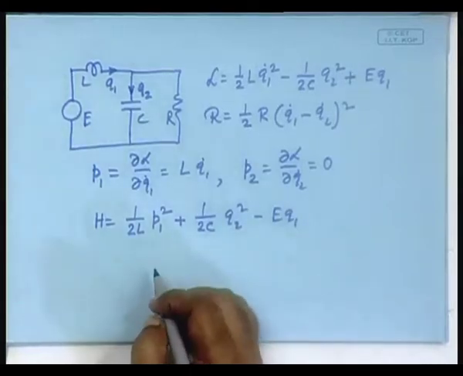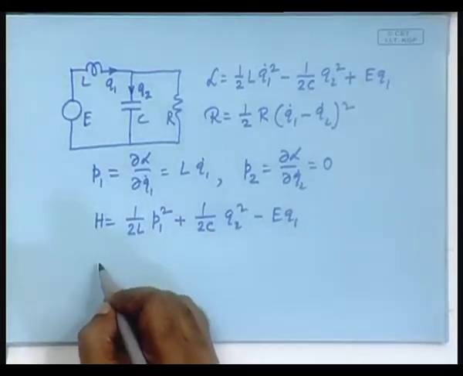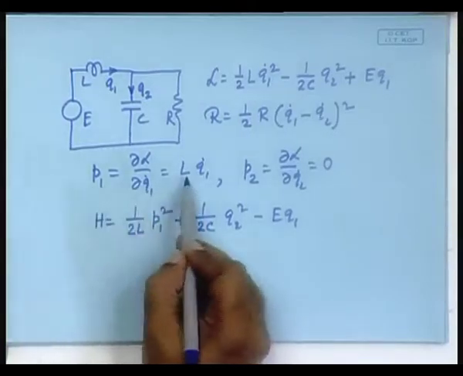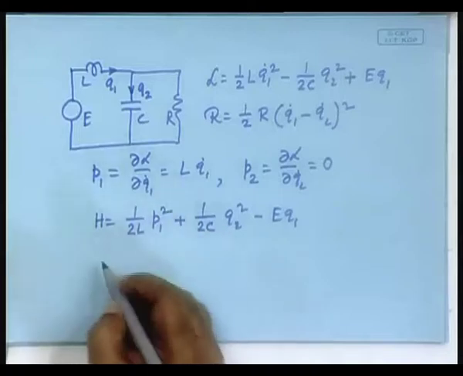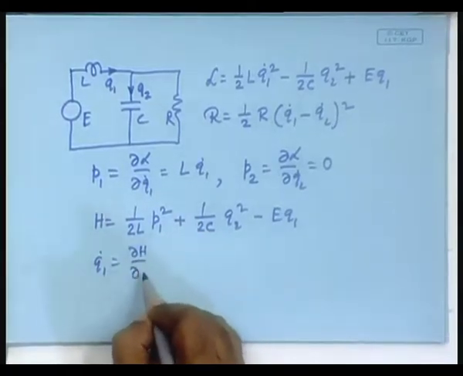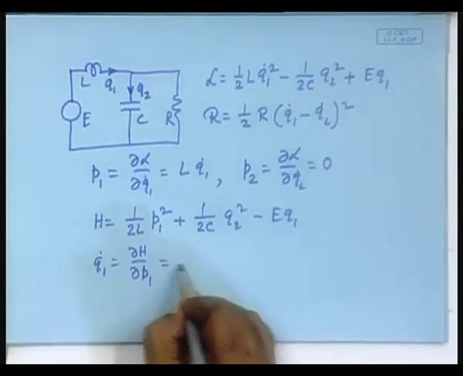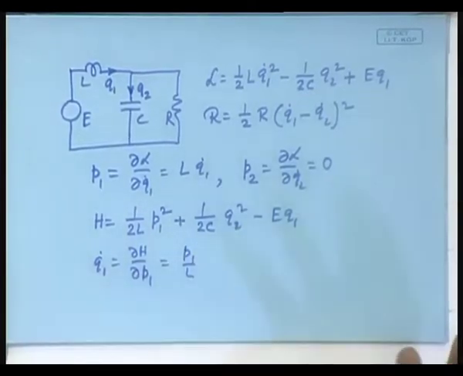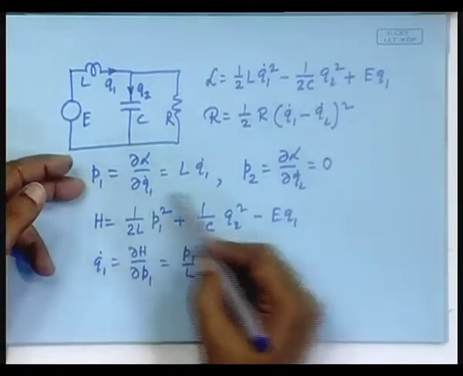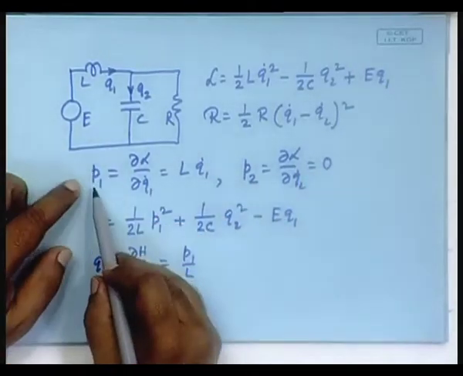Okay. So, now you can either write q1 dot is equal to simply P1 by L from here, or you can write q1 dot as the derivative of the Hamiltonian with respect to P1, which is the same thing. So, it is not really necessary to evaluate these, they automatically follow from the definitions of P1, P2.